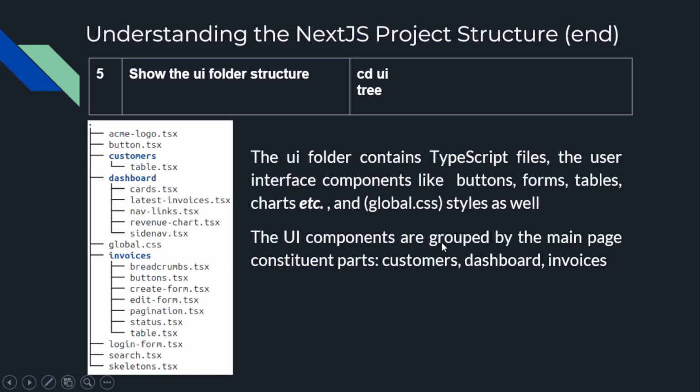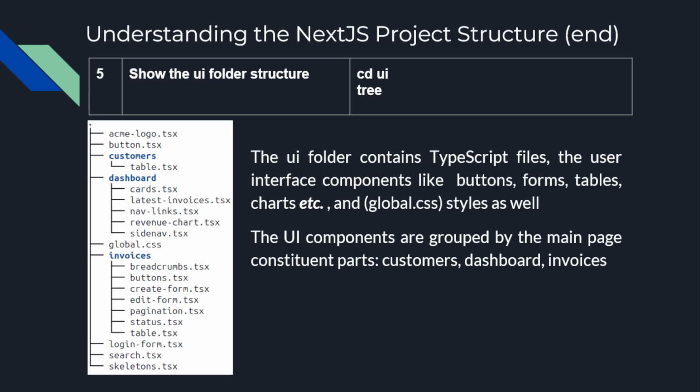Okay. And finally, let's see what's in the user interface folder. Actually, the user interface folder, the ui folder, contains TypeScript files, the user interface components like buttons, forms, tables, charts, etc., and global CSS styles as well.